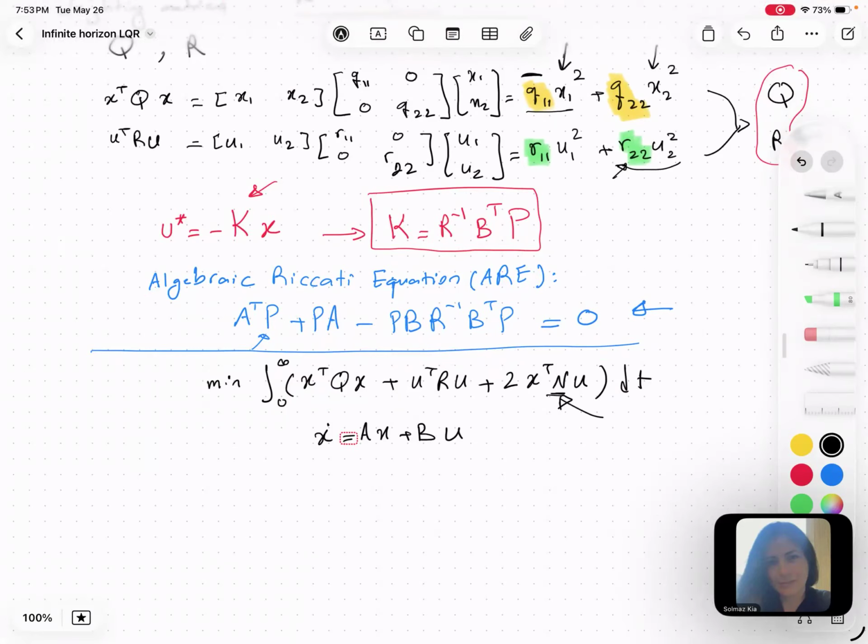The optimal control in this case is going to be very similar to what we had. It's still a state feedback. The gain K is going to include a term N, and the algebraic Riccati equation also, which gives us the P matrix, changes.